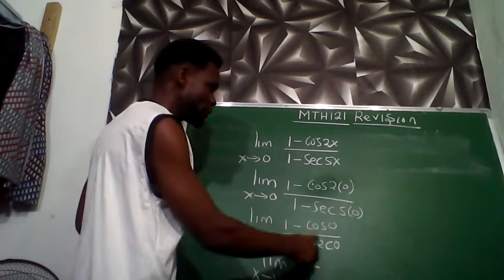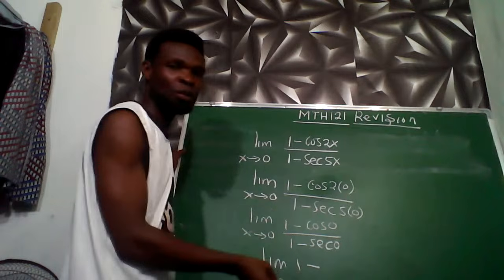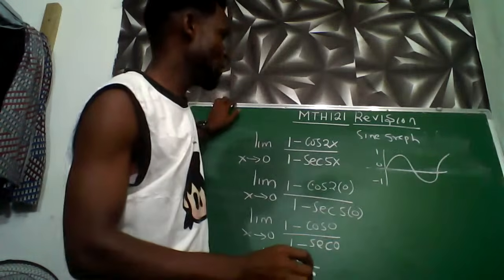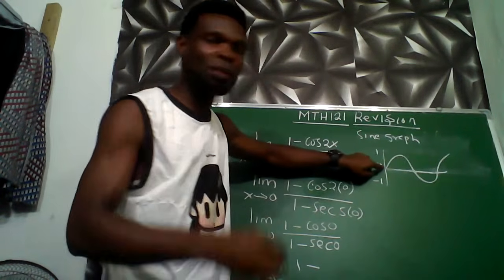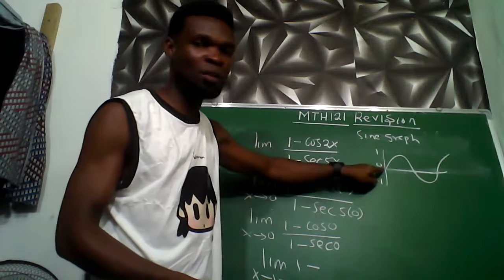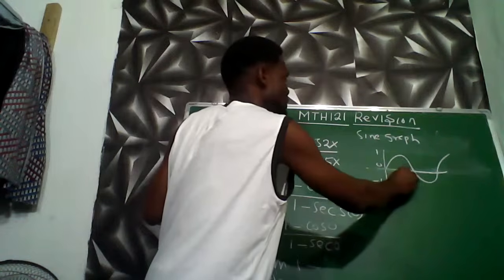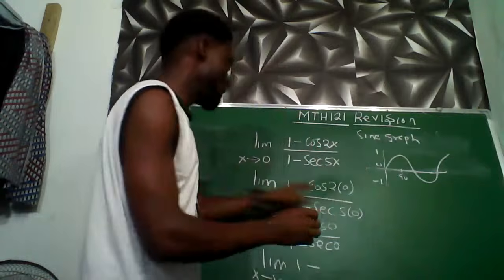Okay, this is important. This is the sine graph. When you study this, you discover that the sine graph starts from 0, with values 1, 0, and minus 1. So you have to know that sine 0 is 0 because it starts from the origin.